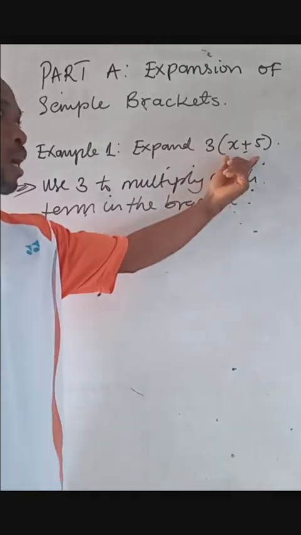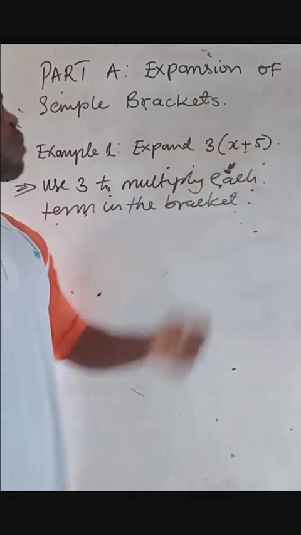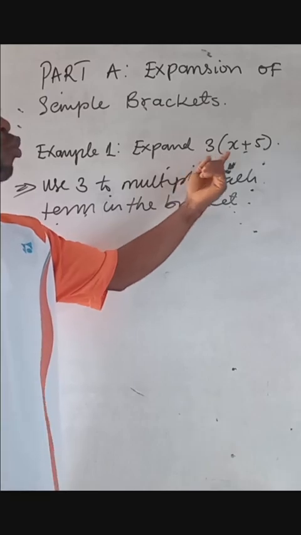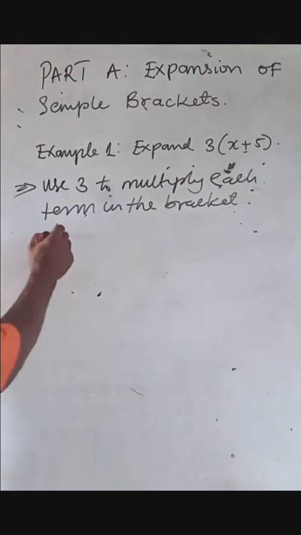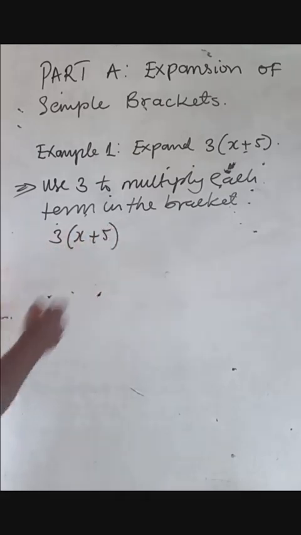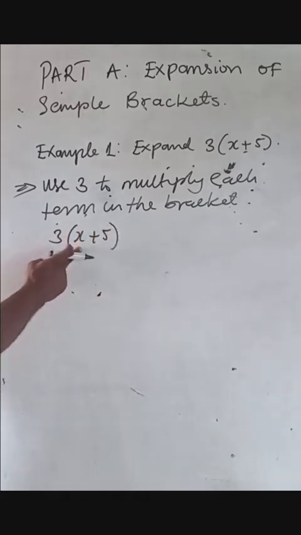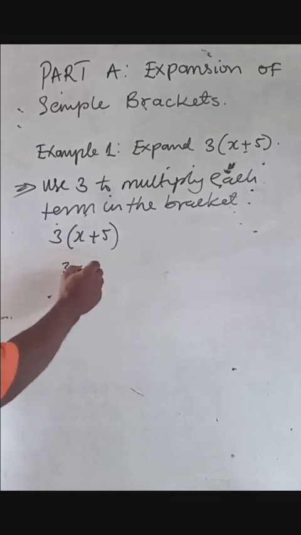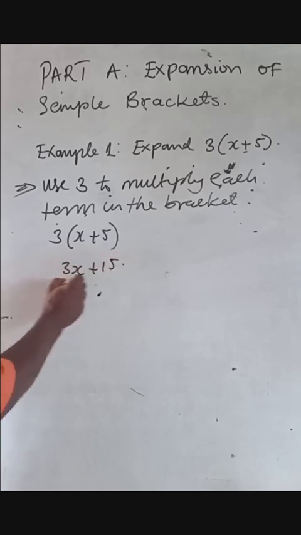And to remove the bracket, we have to use this 3 that is outside the bracket to multiply each term inside the bracket. Therefore, 3 multiplied by x is 3x, 3 multiplied by 5 is 15. So 3x plus 15 is the expanded form of 3 bracket open x plus 5 bracket close.